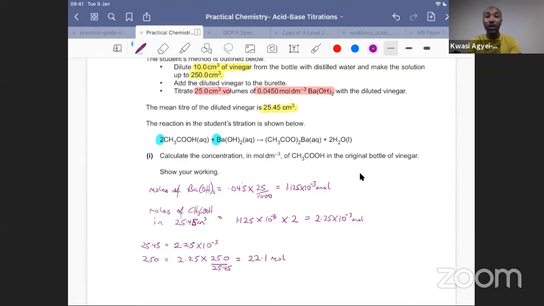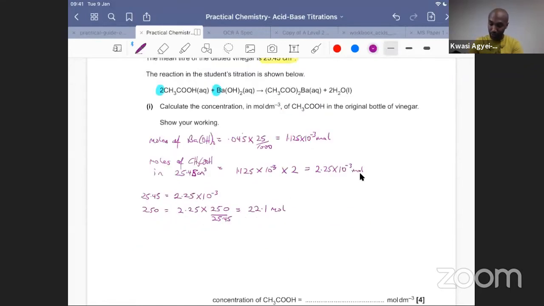Now, if we want the concentration in our original bottle of vinegar, remember the 250 centimeters cubed in our volumetric flask is the diluted version of our vinegar. So we've still got one more step to do. We need to go back one step to the undiluted vinegar.